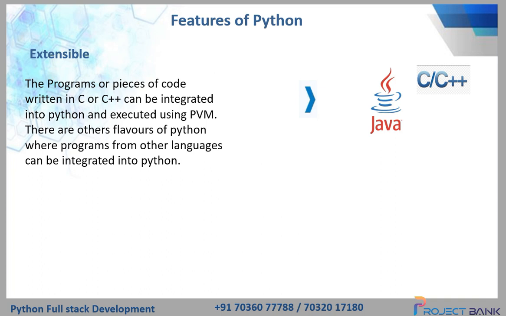Cython, Jython. The Java supported Python will be there, the C supported Python will be there. Likewise, we have multiple flavors of Python so that we can easily integrate. Since Python provides all such features, it is very easy to migrate from any language, from C, CPP, Java to Python.